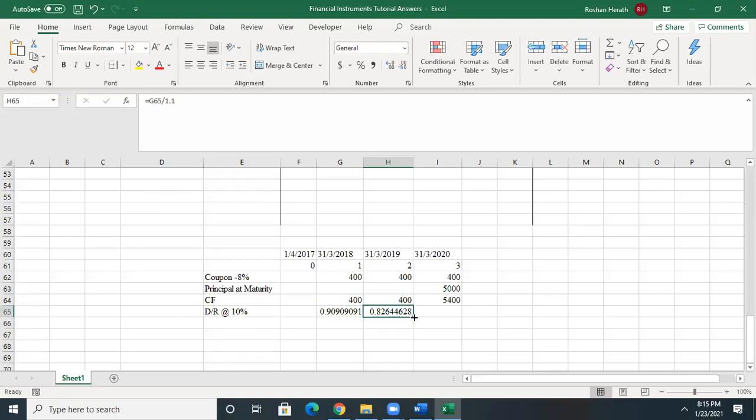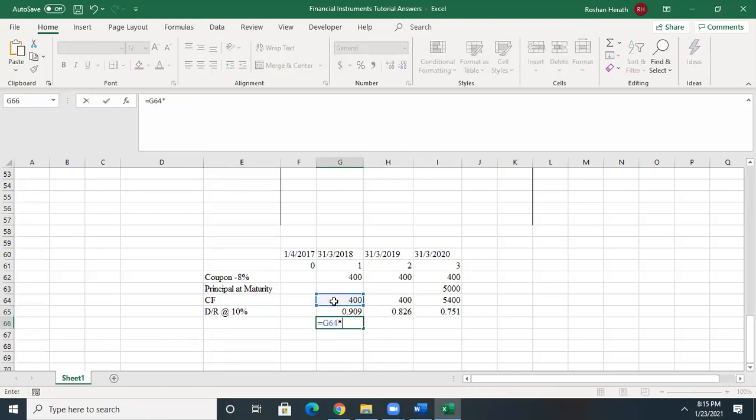Most of the time in your examination you would be given the rates, so you can simply apply them and get the answers. But here it was not given, so we did that.